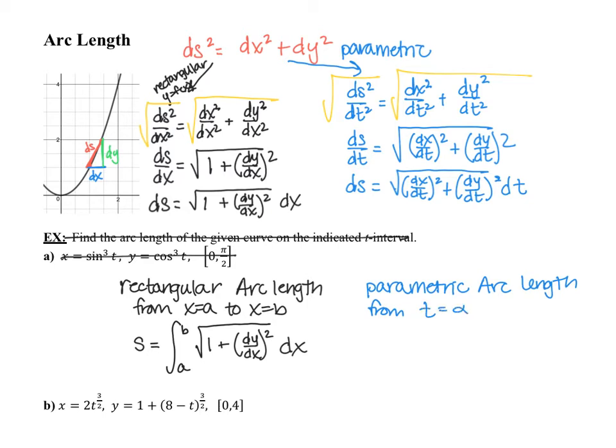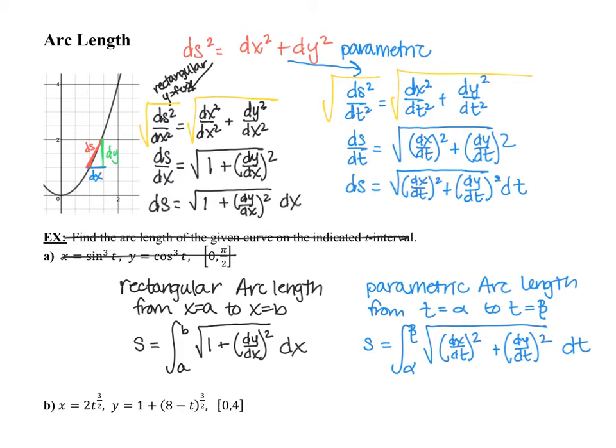So t equals alpha to t equals beta is going to be the sum of all of the values from alpha to beta of the square root of dx dt squared plus dy dt squared, dt. Okay, so that's how we find the arc length.